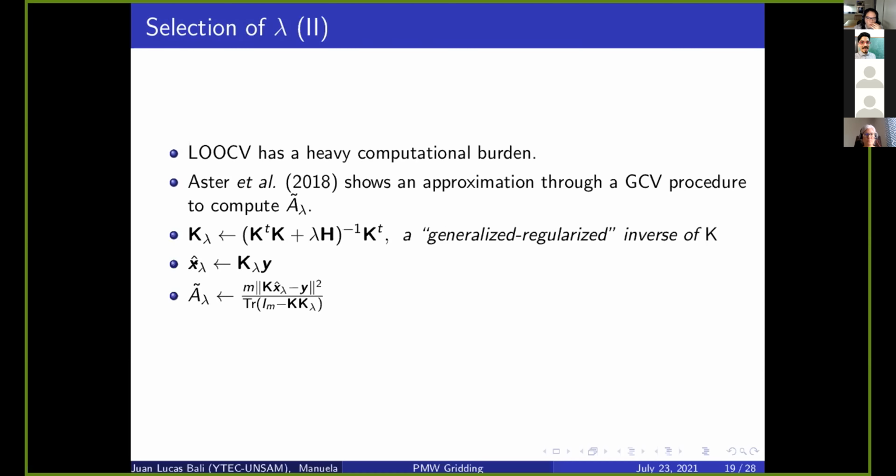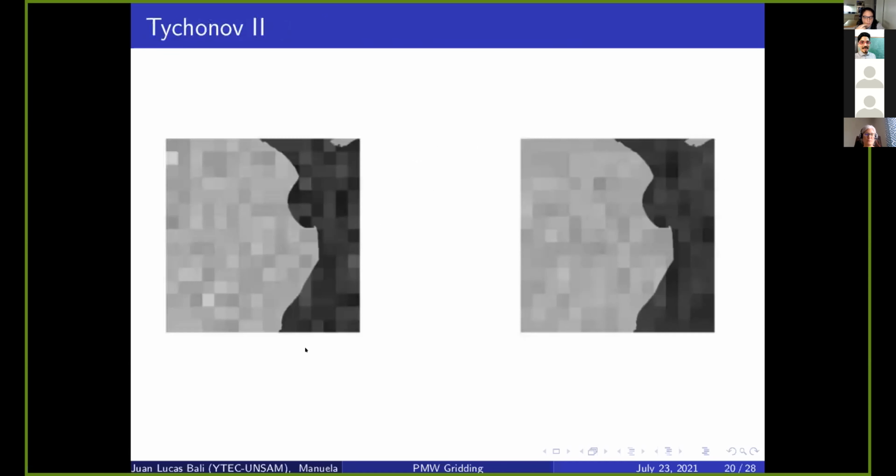We obtain the retrieval for this K, and essentially compute the total error for lambda with this expression here, which only includes a norm 2 operator and a trace of a matrix. The most expensive operation here is essentially an inversion, but it's only one inversion per lambda, as I say here.